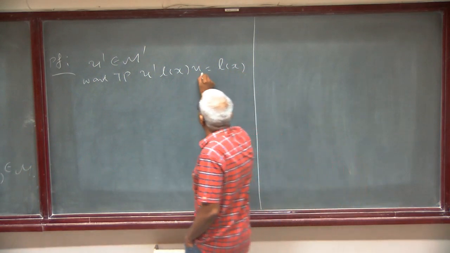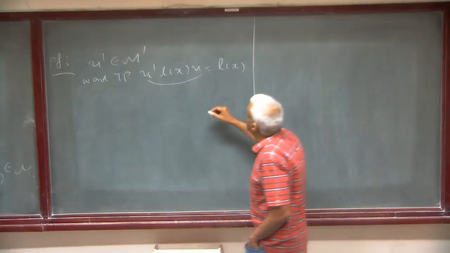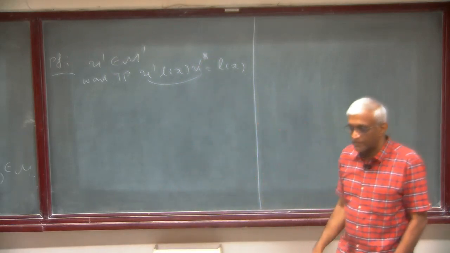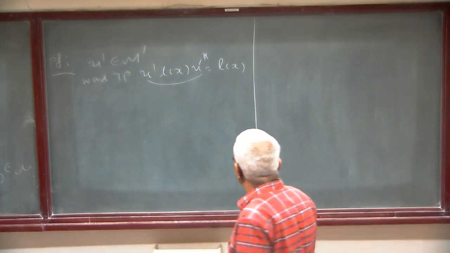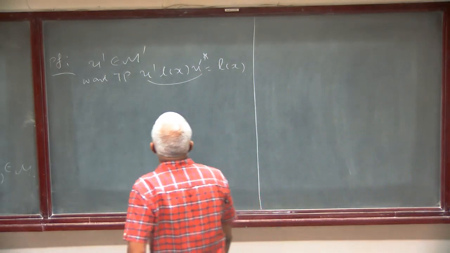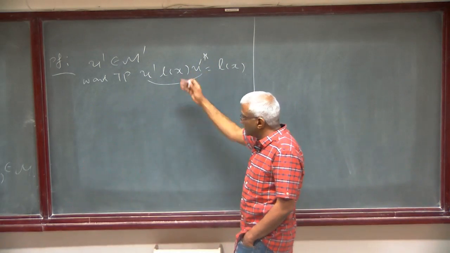But notice that this is a projection. Sorry, U prime L of x U prime star. That's what commuting means, right? So notice that this is a projection. If you take this square, this is equal to this, and this is self-adjoint.